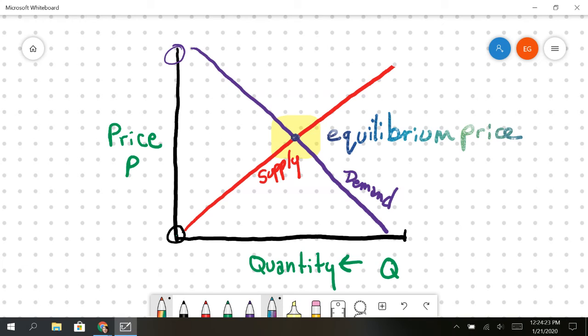Okay, so if the price is here, and there are X amount of iPhones on the market, so let's say here, then that is the perfect point where demand, how many people want the phone, meets supply. They're able to get the phone. So it's where supply and demand meet.